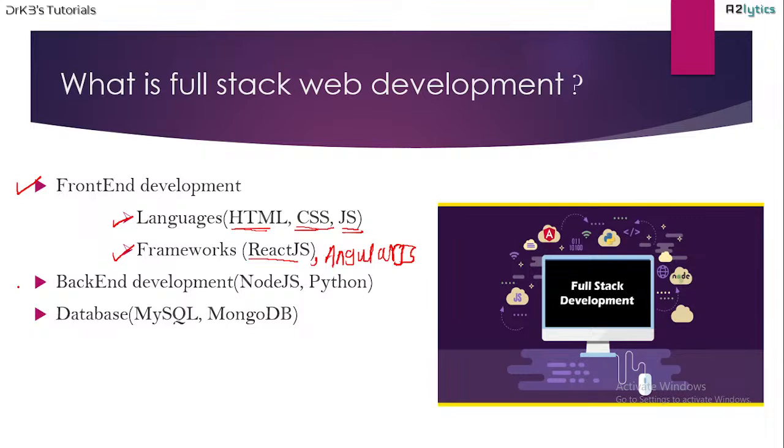For backend development, you can use many programming languages, which we'll see in the next slide. Also, you can use some framework like Node.js or a programming language like Python or PHP. For database, you can use databases like MySQL, MongoDB, Oracle, and other databases.